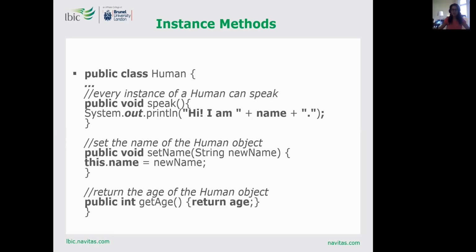The last method allows others to read the age, getAge. And this kind of method is referred to as a getter method because it gets and returns one of an object's variables.